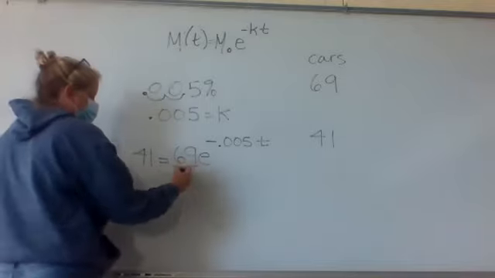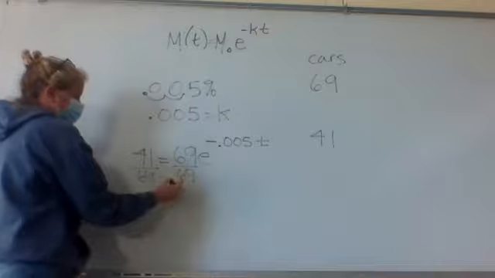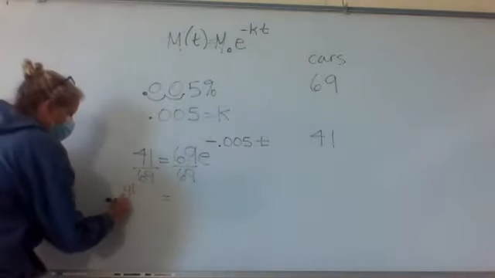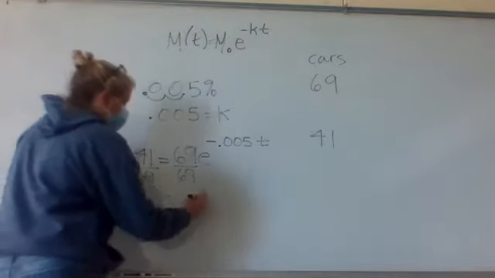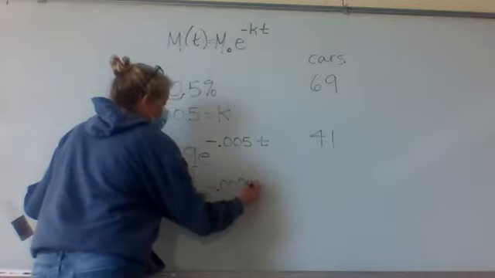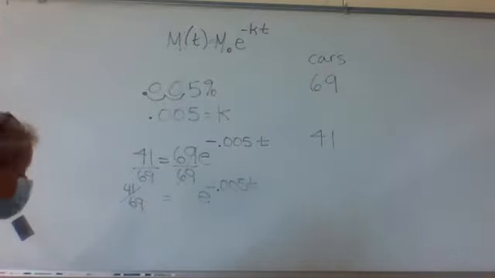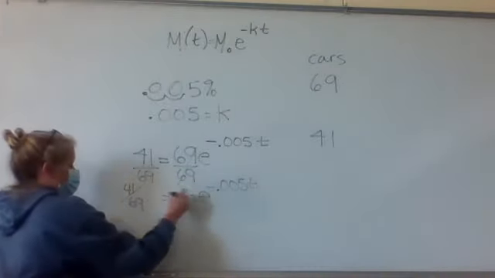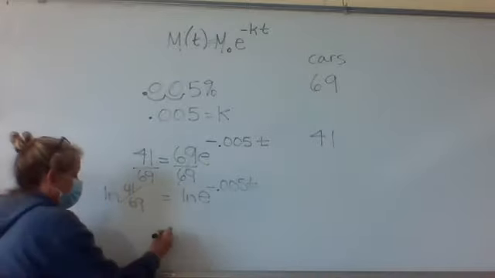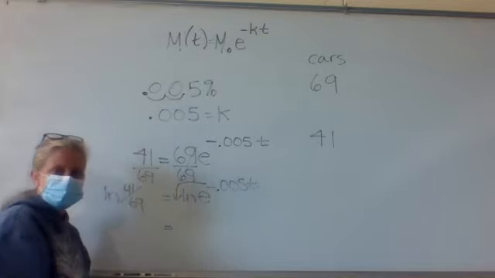So get rid of the 69 by dividing. So now I have 41 over 69 equals e to the negative 0.005 T. Now's the time to ln both sides to bring your exponent down. So what happens when I ln both sides? It brings my exponent down.